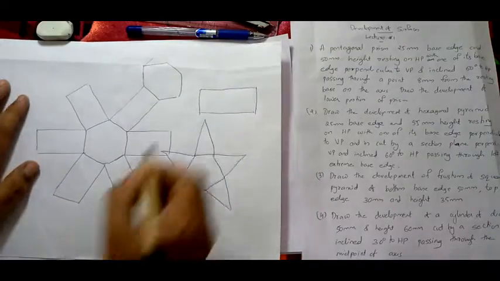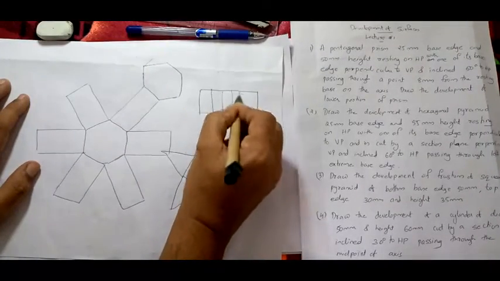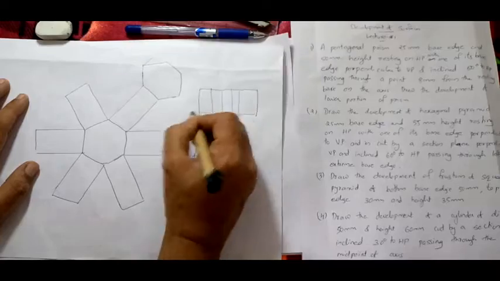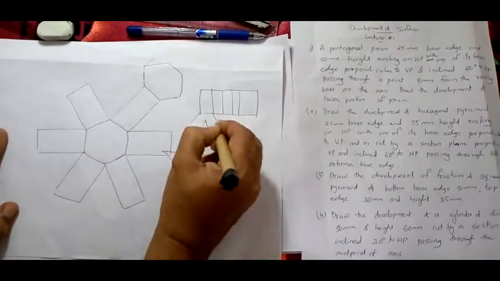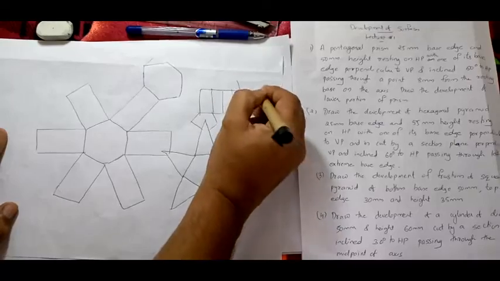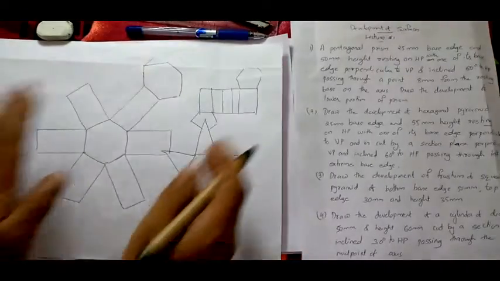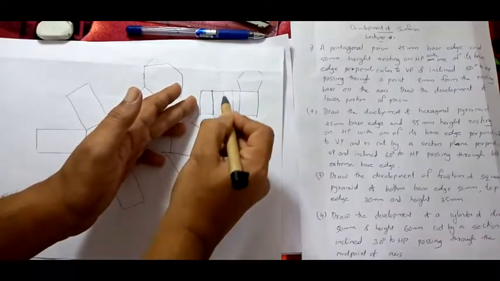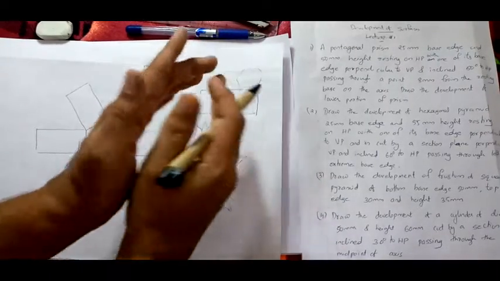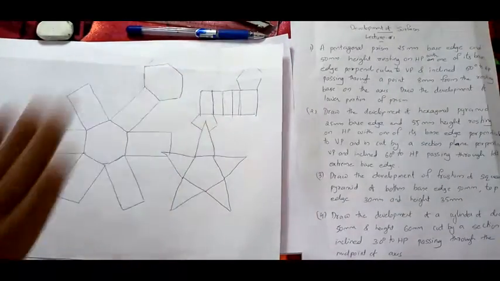See, 1 2 3 4 5 6, these 6 faces we will draw like this, with the edges cutting. So total faces will be here and that will be here. Now this also you can fold and hold together, right? You have to fold here, fold here, fold here, fold here, and you have to make it. So you will be drawing development like this.